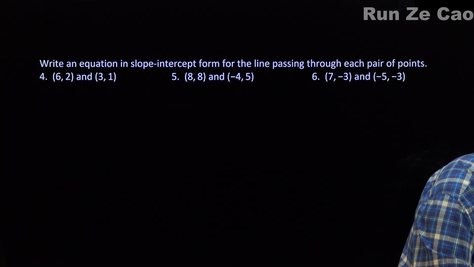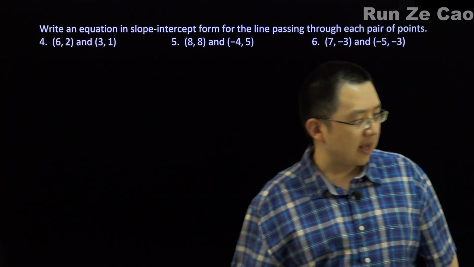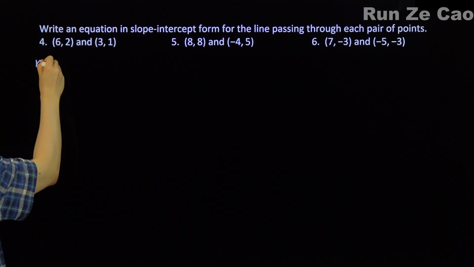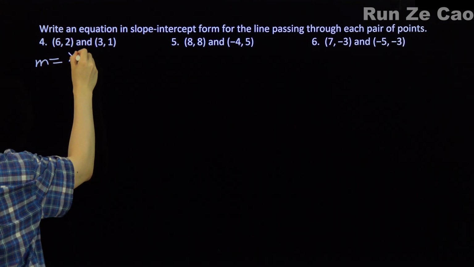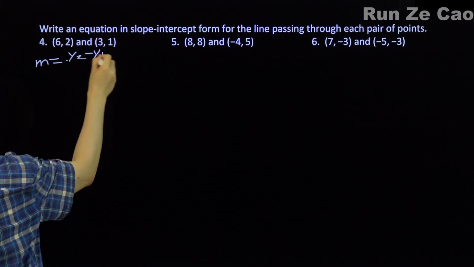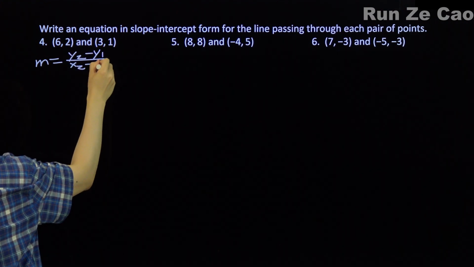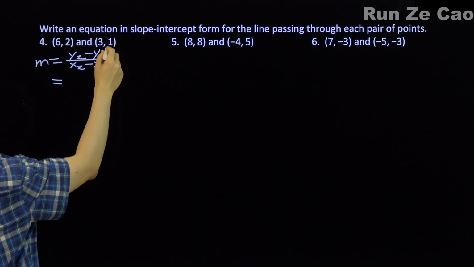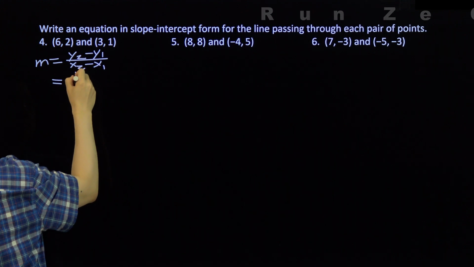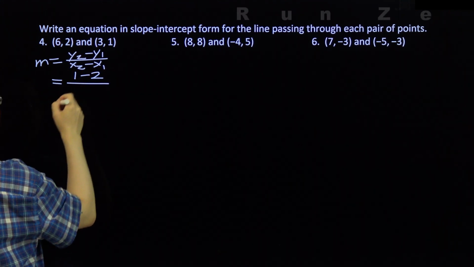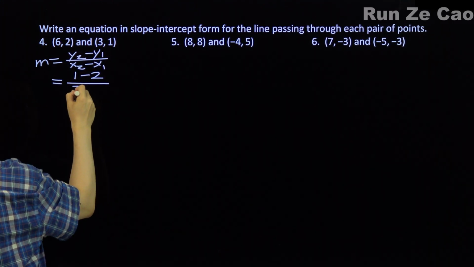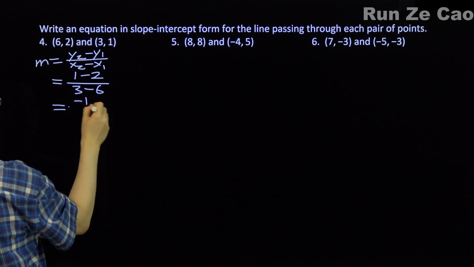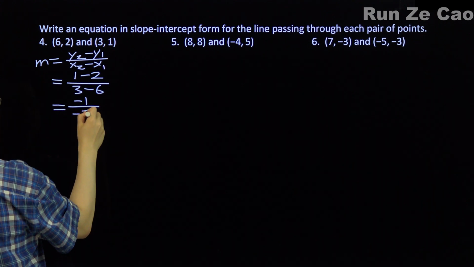Write an equation in slope-intercept form for the line passing through each pair of points. So first, you find the slope, which is y2 minus y1 over x2 minus x1. So that's 1 minus 2 over 3 minus 6. Well, in this case, we ended up with negative 1 over negative 3.